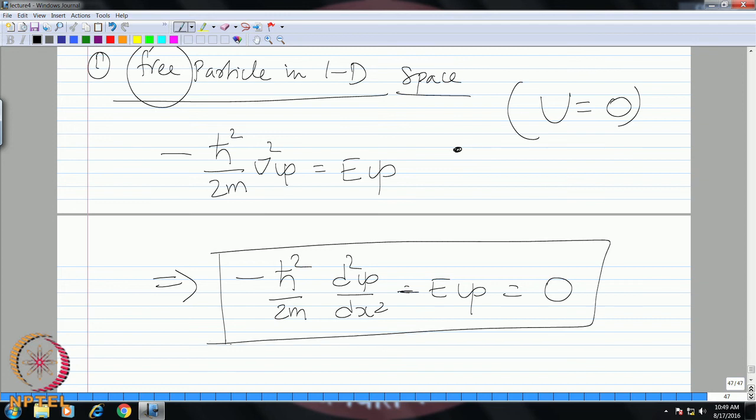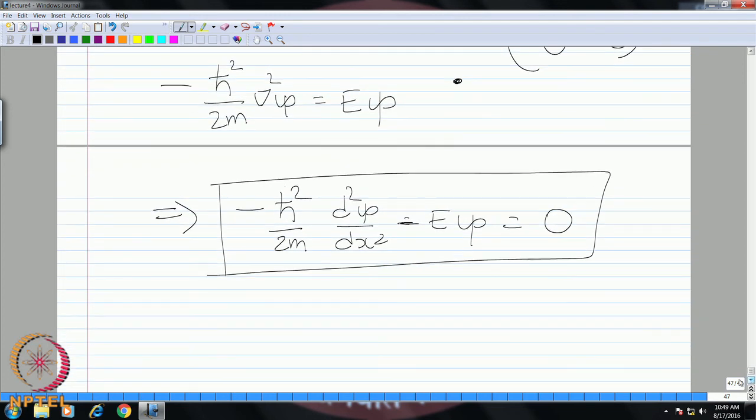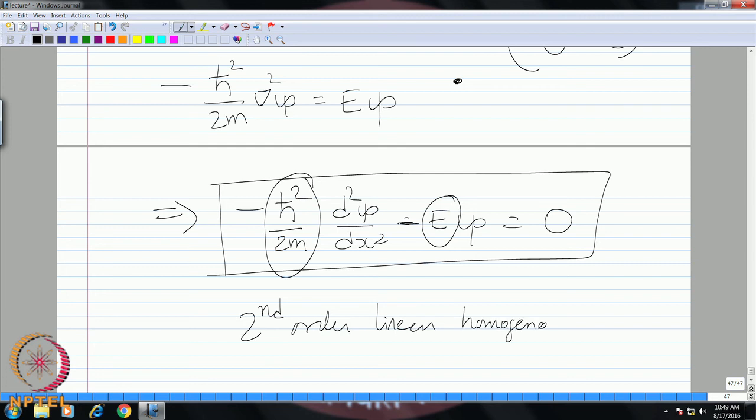So, this is a second order linear ordinary differential equation with constant coefficients. You see, this coefficient is a constant, this is also a constant, and this is homogeneous, because the right hand side term we have equal to 0. So, second order linear homogeneous ODE with constant coefficients.